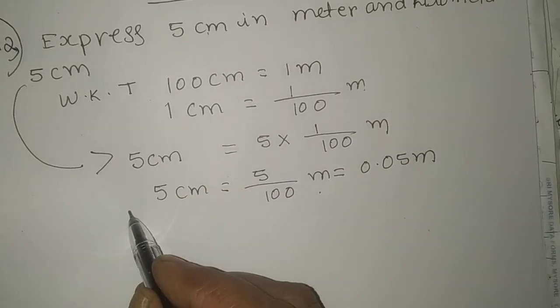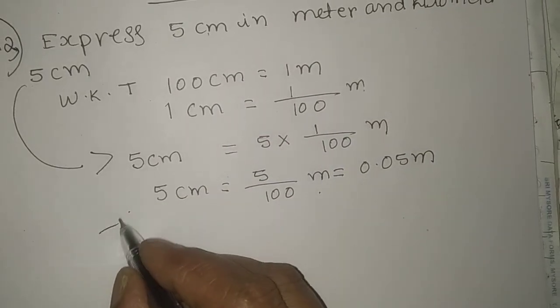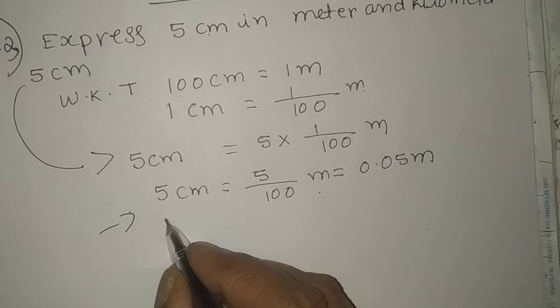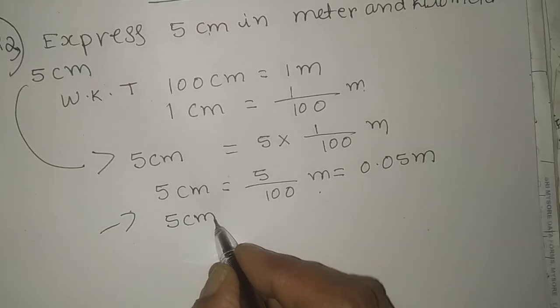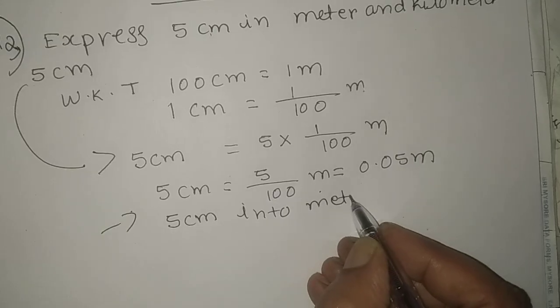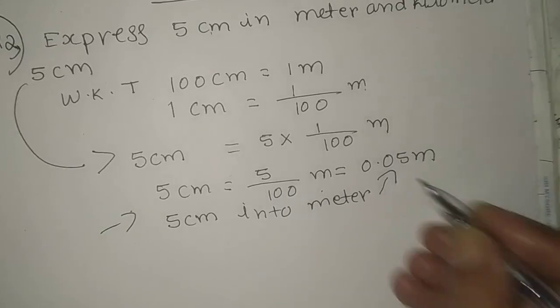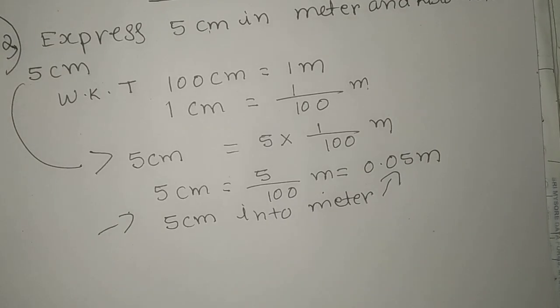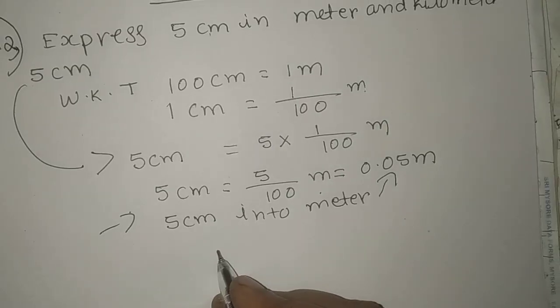So we converted 5 centimeters into meters. That is, 5 centimeters is equal to 0.05 meters.